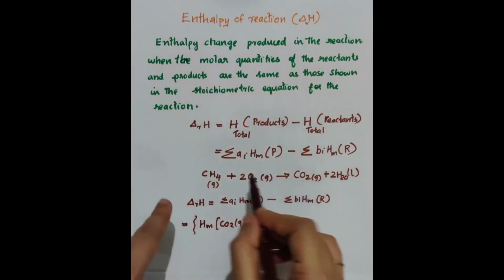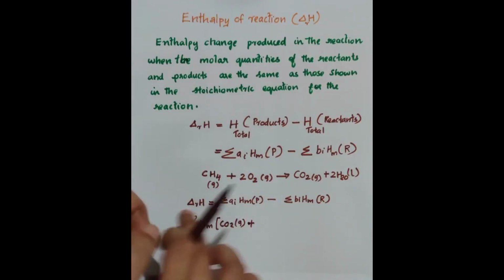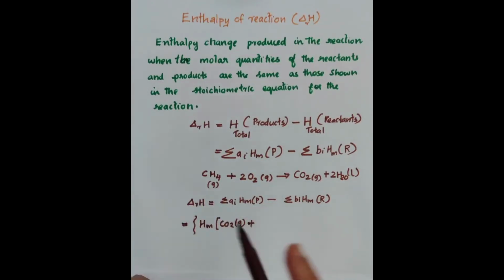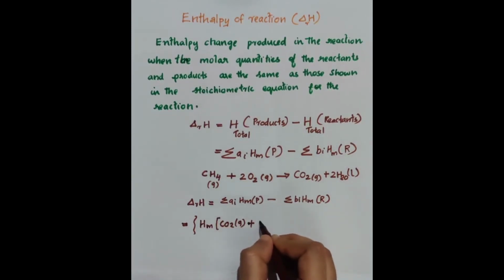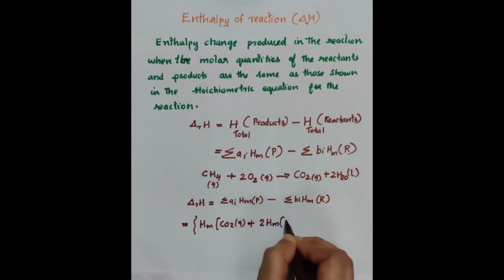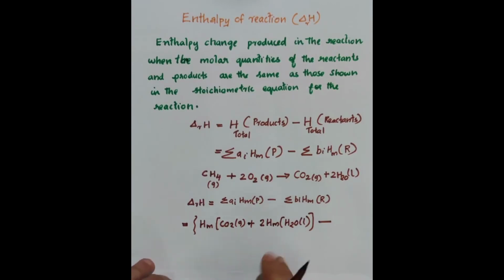We have to consider those coefficients also to calculate the heat of the reaction, that is the enthalpy change of the reaction. That is carbon dioxide gas plus 2 HM of water in liquid state, minus of what? That is products minus reactants.